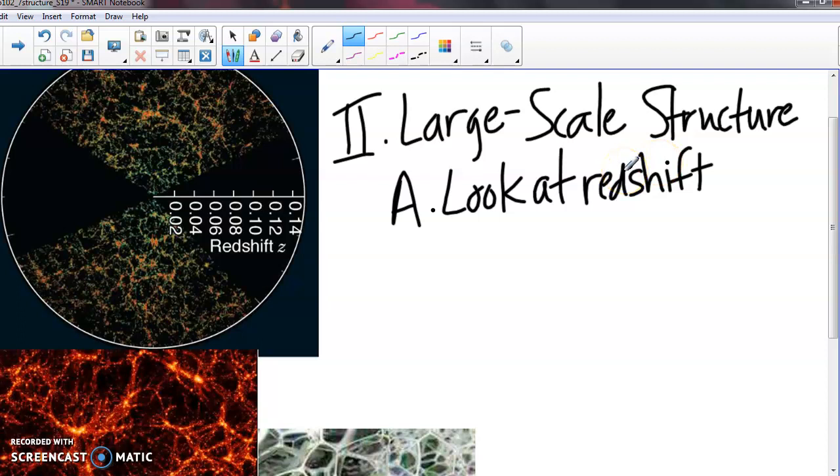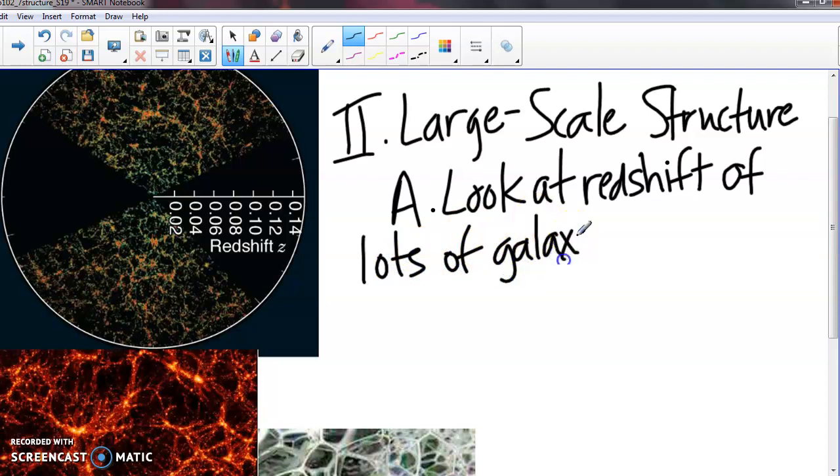We're going to spend some more time talking about that, but for today, just want you to know that it's a way to map the universe. We can look at the redshift. How red do these galaxies look? It tells us something about how they're moving and where they are. Look at the redshift of lots of galaxies, as many as we can see from where we are, to see where they are.